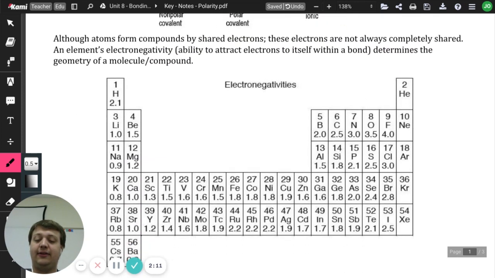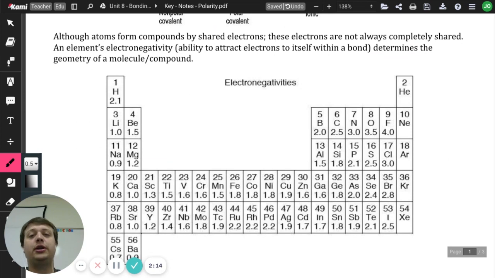If you're not given this table, you need to recognize the general trend. If I'm starting at fluorine, as I move down away from fluorine, it's going to decrease by 1. And as I move across the periodic table, it's going to decrease by 0.5.